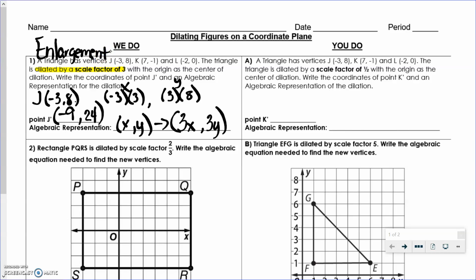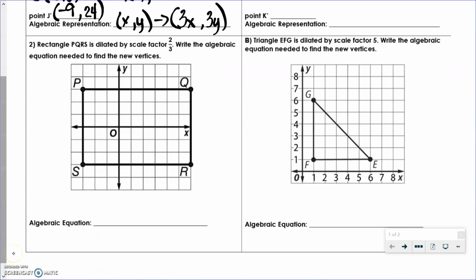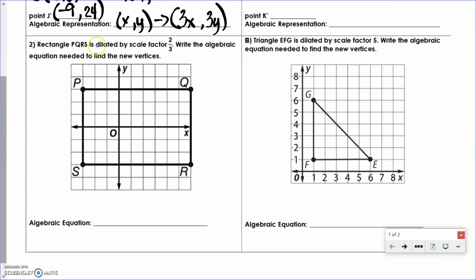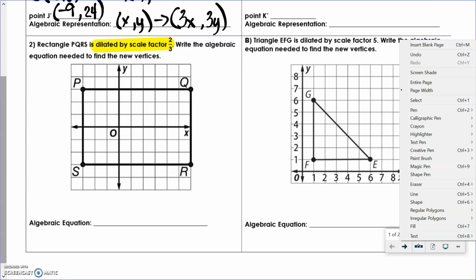Now you're going to go ahead and complete A. Next, it says rectangle PQRS is dilated by a scale factor of 2/3. Write the algebraic equation needed to find the new vertices. So this one is really simple. All you're doing is writing the algebraic rule. So we know we have a scale factor of 2/3.